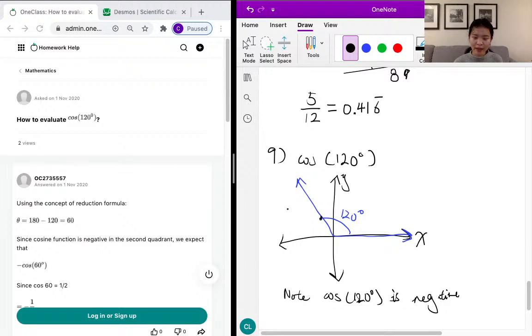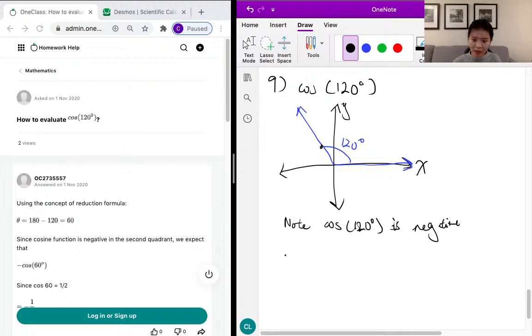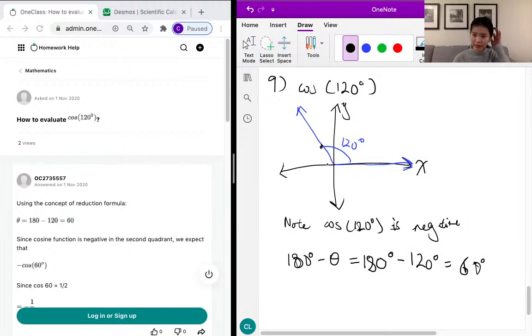So this is the second quadrant, and for the second quadrant, our reference angle is 180 degrees minus theta, and the theta we want to know is 120, so we have 180 degrees minus 120 degrees equals 60 degrees. And we know that 60 degrees is our reference angle. Also, the blue line should probably be more over here instead of over here. But it's okay.